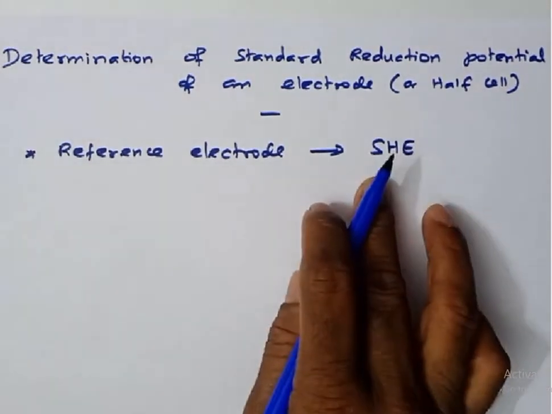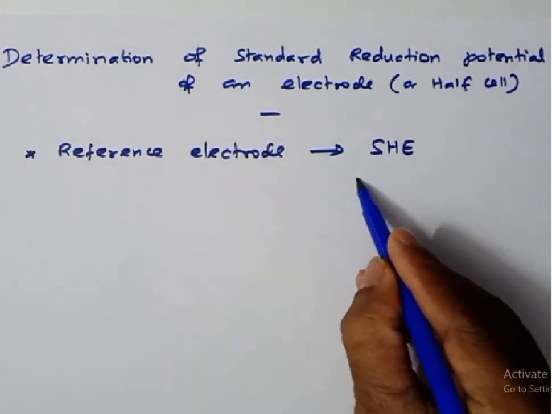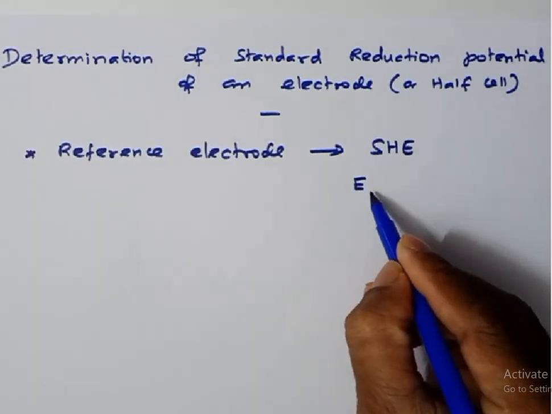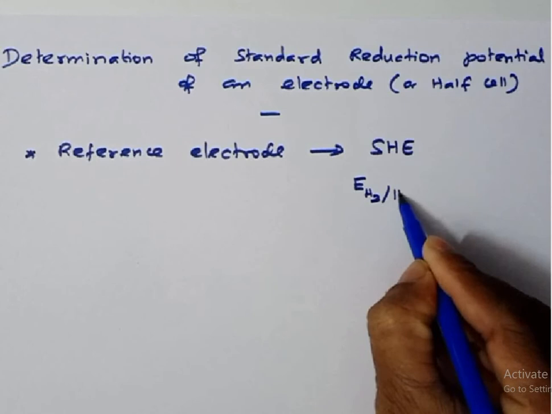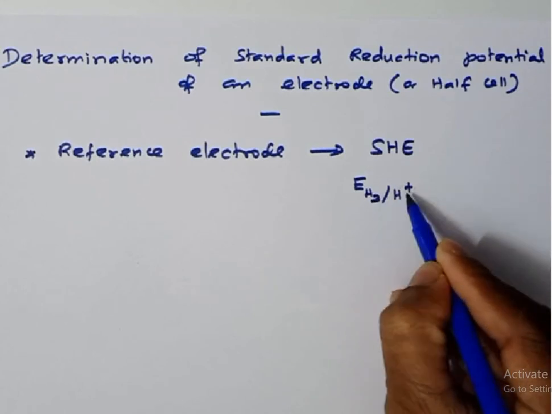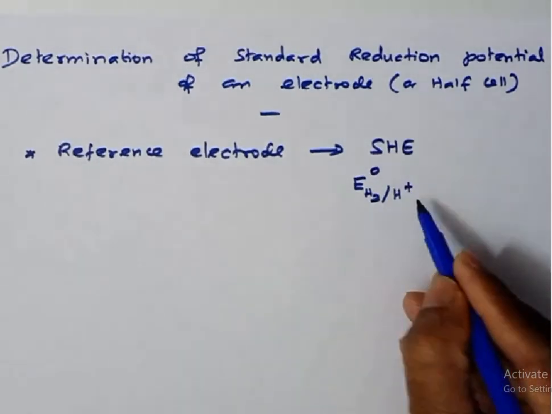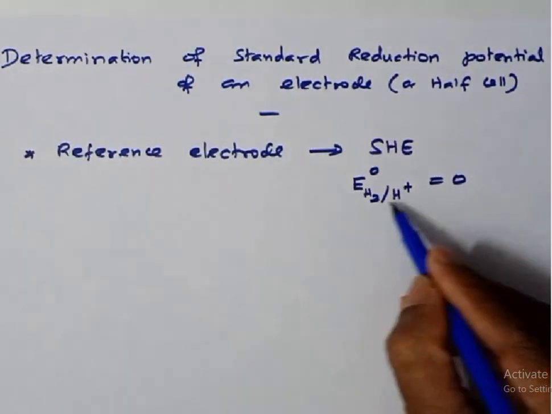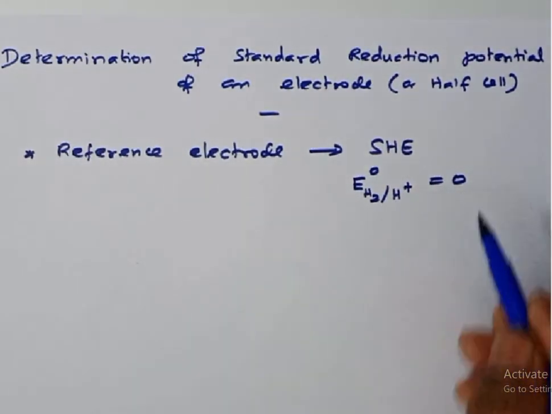If you use the standard hydrogen electrode as anode, oxidation takes place at the anode, so H2 becomes H plus. H2 becoming H plus is called oxidation. The oxidation potential is 0 if you use the standard hydrogen electrode as anode.